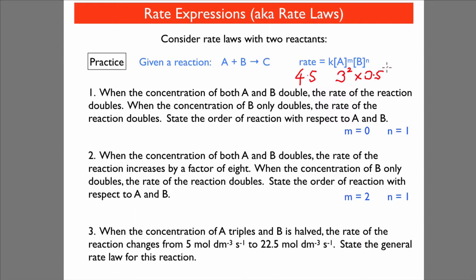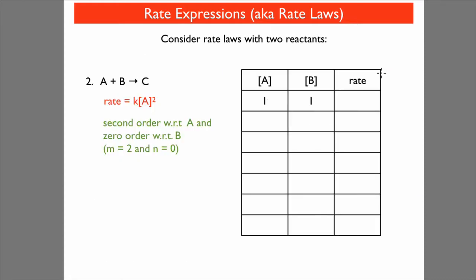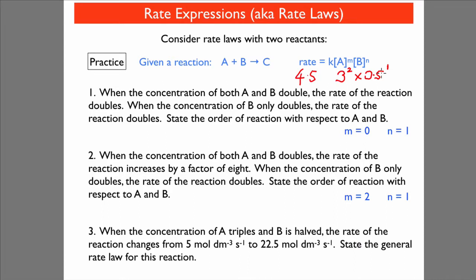So this is going to be the power of 1, isn't it? Which 0.5 to the power of 1 is 0.5. 3 squared is 9, so 9 times 0.5 gives us 4.5. So we're going to have M equals 2, N equals 1. There we go. Yes, 2 and 1.